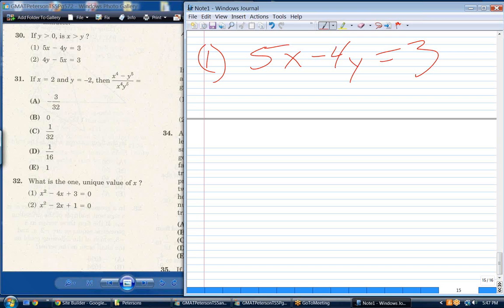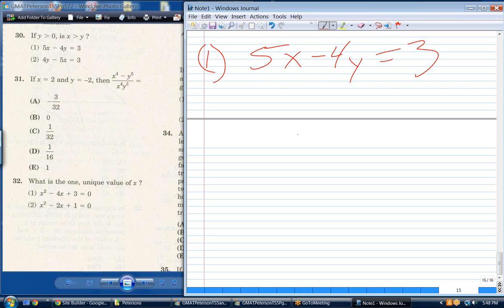So what I'm thinking is that if y could be anything on the number line, then there's no way to tell whether x is greater than y with this one equation. But given that y has to be greater than 0, well, let's try some numbers. If you try 1, that's greater than 0. So x would be what? If y was 1, this is going to be 4, so this whole thing has to be 7.